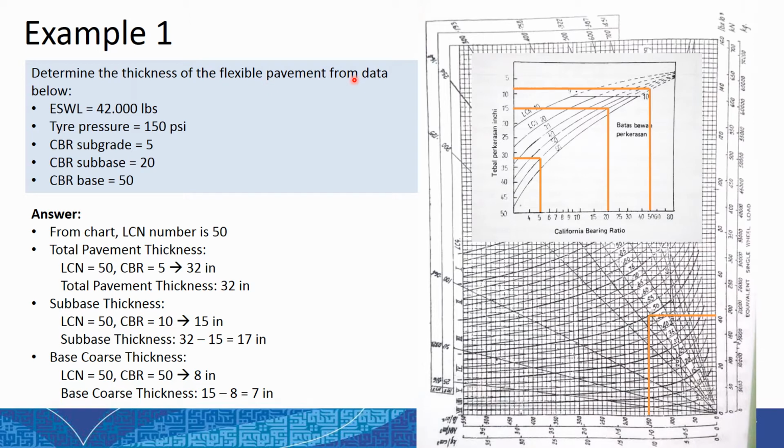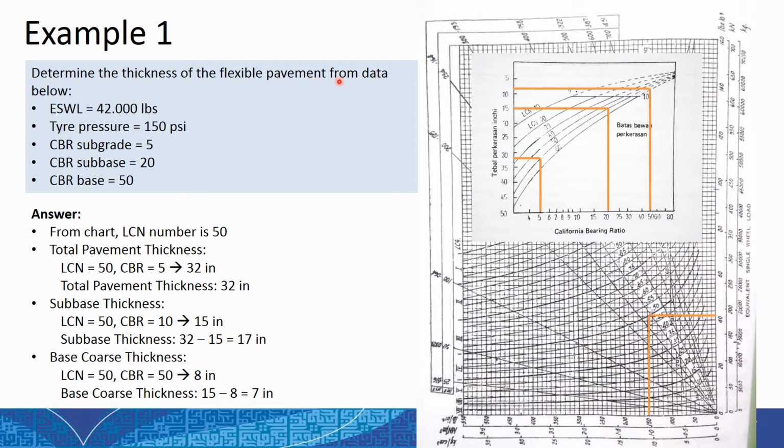The equivalent single wheel load is 42,000, the tire pressure is 150, the CBR subgrade is 5, the CBR subbase is 20, and the CBR base course is 50. So how will we determine the thickness of the flexible pavement?